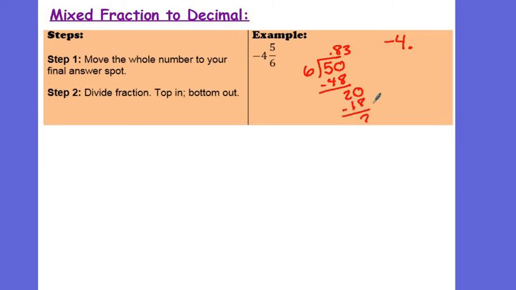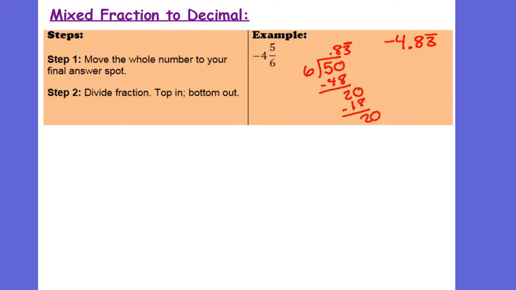I have 2 left over, so it looks like the 3 is about to repeat here. Not the 8, just the 3, so I'm going to put a repeater there. So it would be -4.83 with the 3 repeating. That would be our answer there.